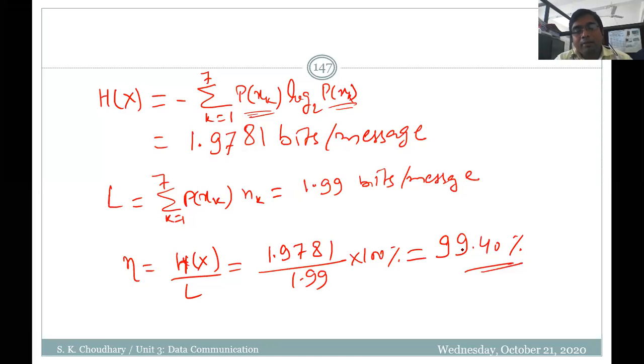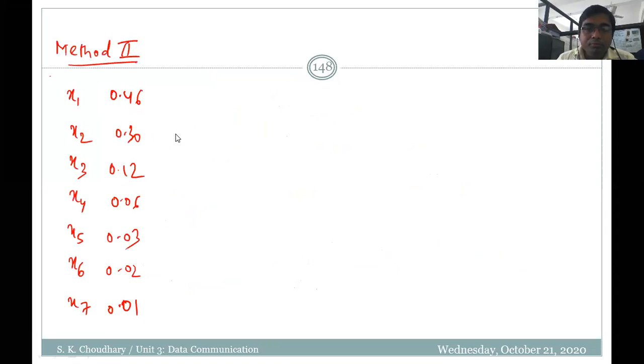Now the same coding we have to perform with the help of the second method of Huffman coding. When you go for the second method, it is again a very simple way. I have already written the messages for the second method. We start from the bottom one as usual.